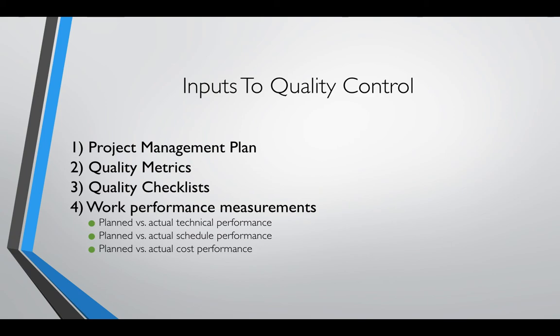I recall a few classes ago I showed you a chart of how our performance should be going cost-wise, and this is where we're at every single month. So that's just an input when it comes to work performance measurements. You're just tracking the measurement and the work performance.